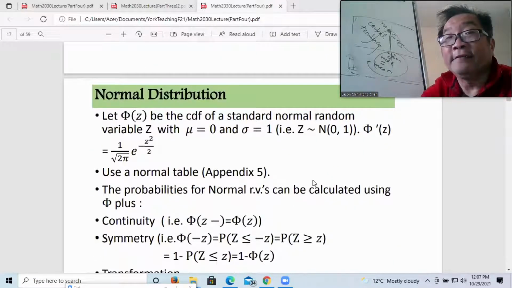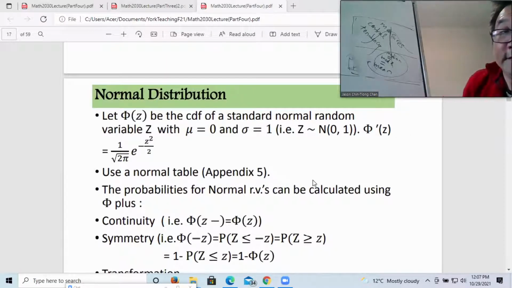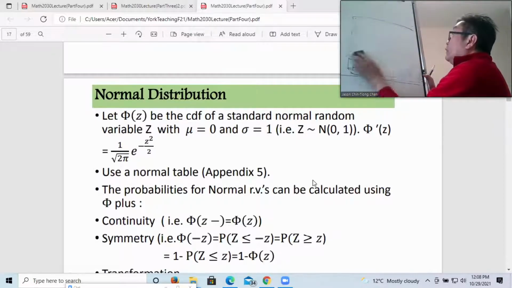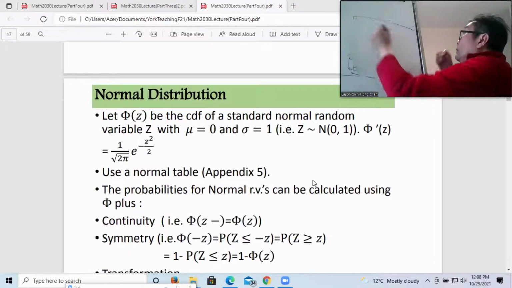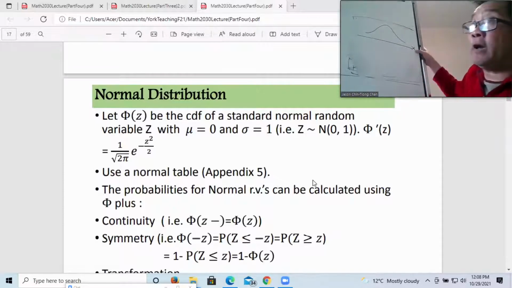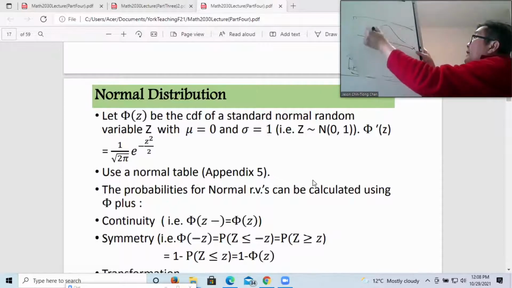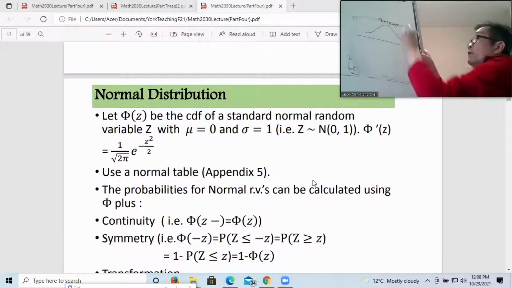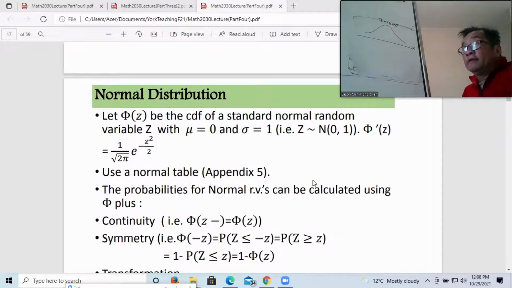Okay, now if this X is about income. Income for what? For a computer programmer. You guys are computer science students? Yeah, okay.